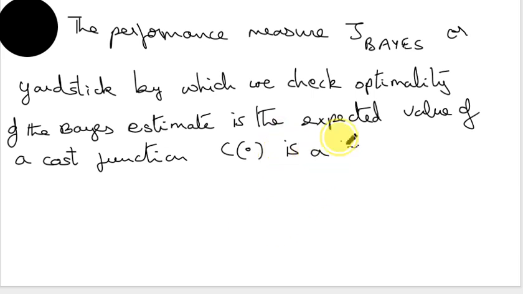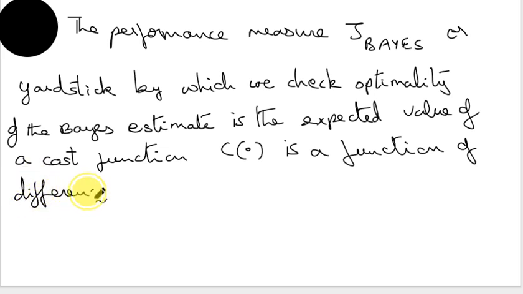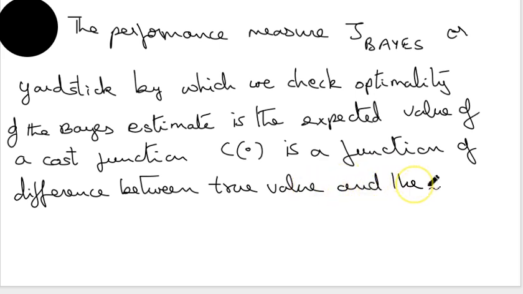This is a function of the error or difference between the true value and the estimated value. It is denoted by J Bayes.